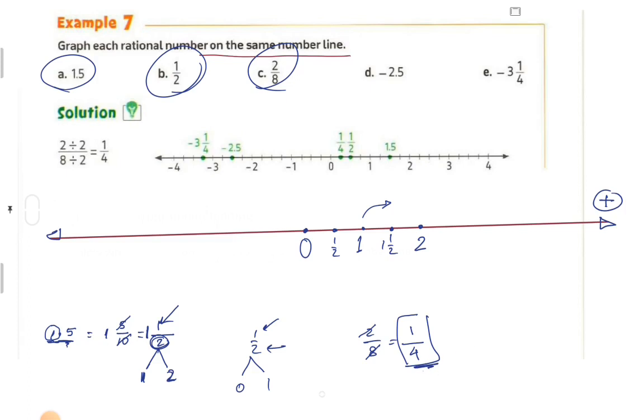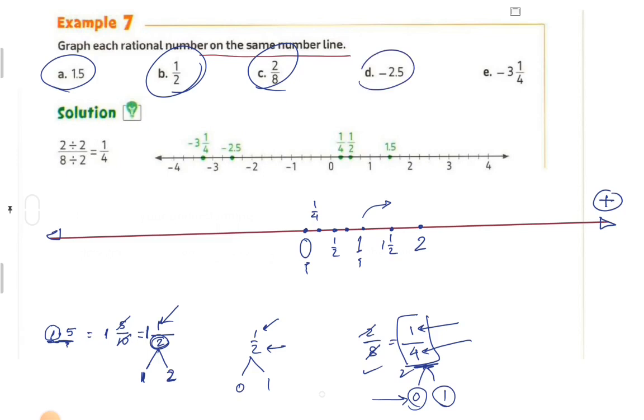It's a proper fraction, in between 0 and 1, divided into 4 parts: 1, 2, 3, 4. I need to count just 1 part. Start from the smaller number, 0, and count 1 part. Here we have a quarter, or 2 over 8. It's the same.